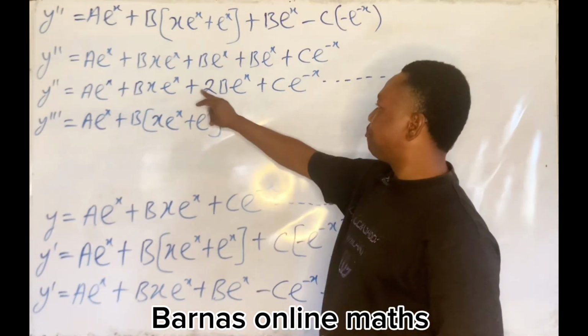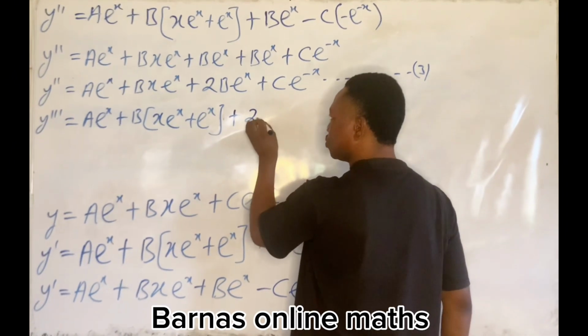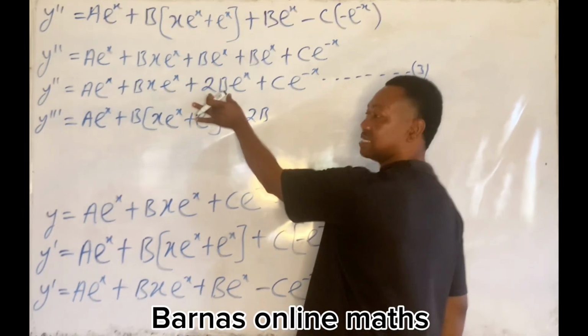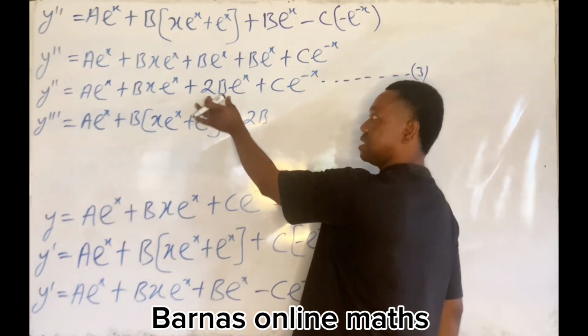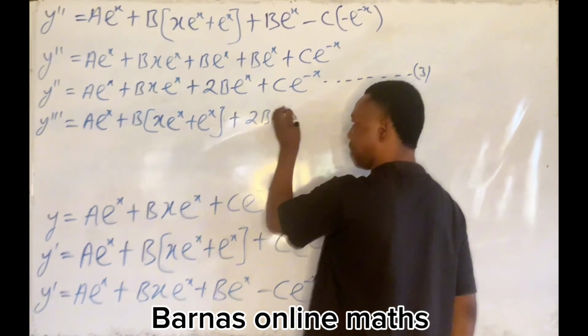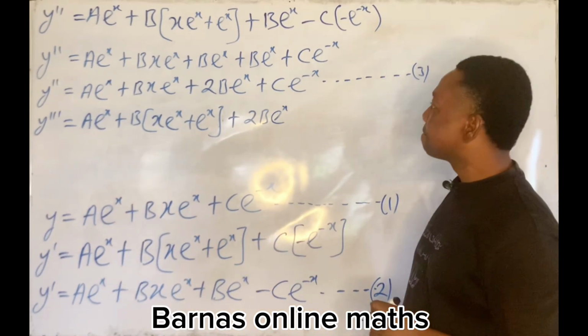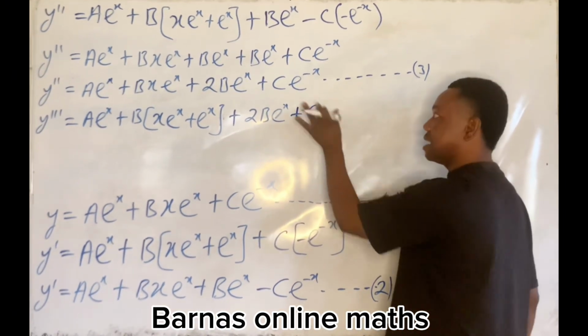Then we have plus 2b, they said to be a constant. 2b is a constant. Then differentiate e to the power x. It will still give us the same thing, e to the power x. Then plus c is a constant.